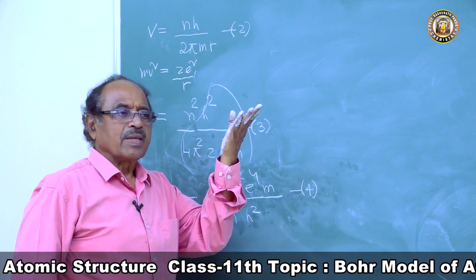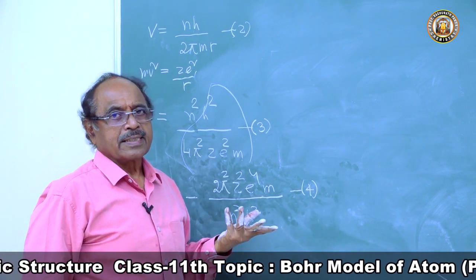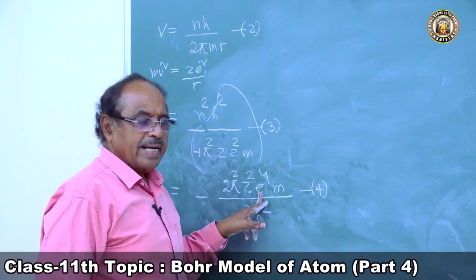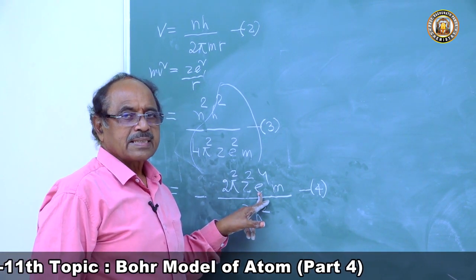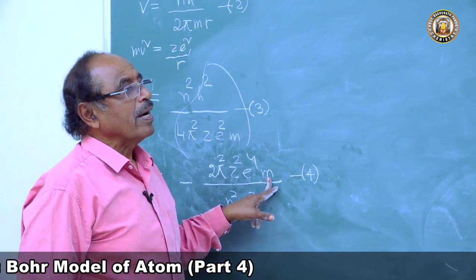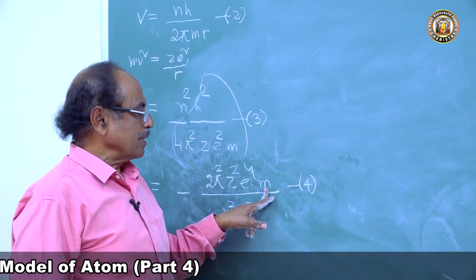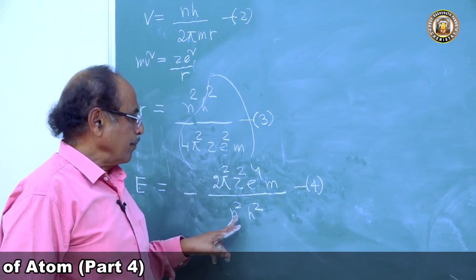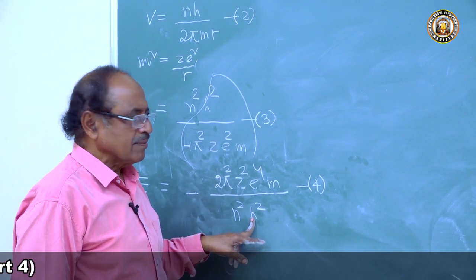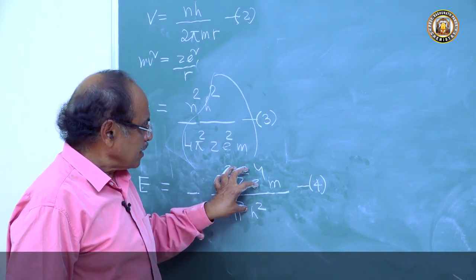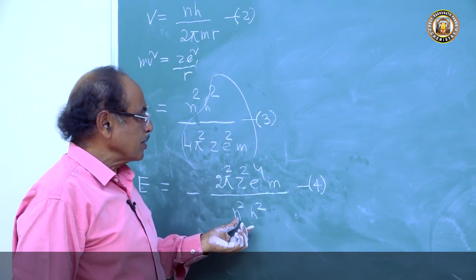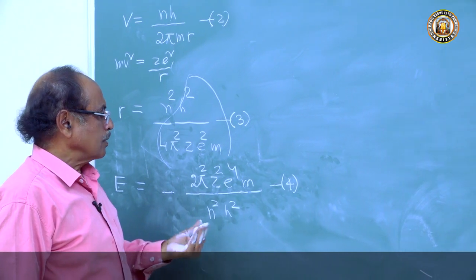From the hydrogen atom, every atom can be calculated just by putting the value of Z. So e is 4.803 into 10 to the minus 10 electrostatic unit, m is the mass of the electron, 9.109 into 10 to the minus 28 grams, and h is 6.626 into 10 to the minus 27 erg second. By putting these values, he could calculate the constant multiplied by 1 by n square. That is the value he got for the energy.